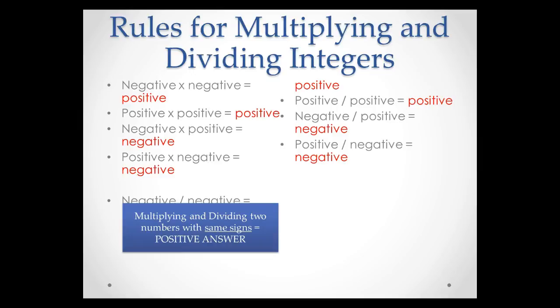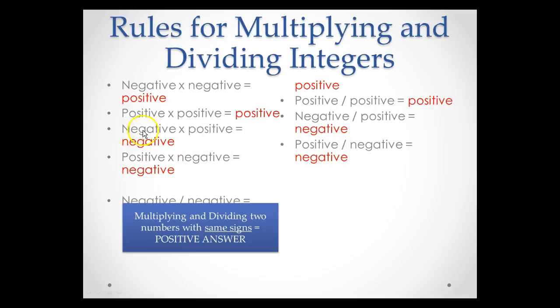So in other words, multiplying and dividing two numbers with the same signs are going to give you a positive answer. Now when you're looking at the different signs, so a negative times a positive or a negative divided by a positive, you're going to get a negative. Same with a positive times a negative or a positive divided by a negative, a negative.